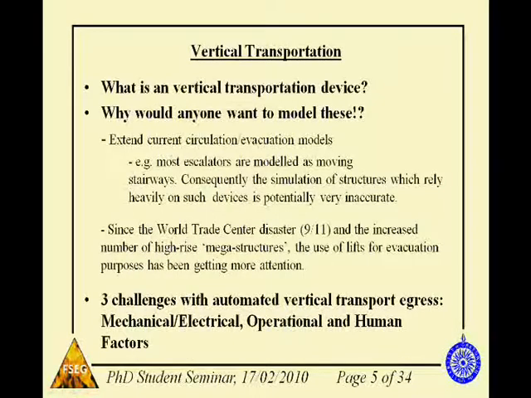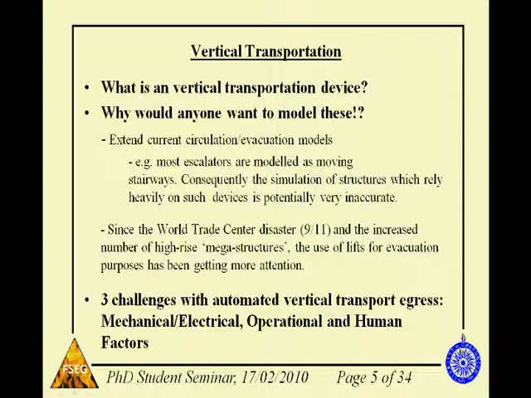So what is a vertical transportation device? Well, essentially it's any device which can transport people within a building vertically. So for the sake of my research, this includes escalators and lifts. So why would anyone want to model these? Well, there are a number of buildings which heavily rely on these devices during normal circulation scenarios.